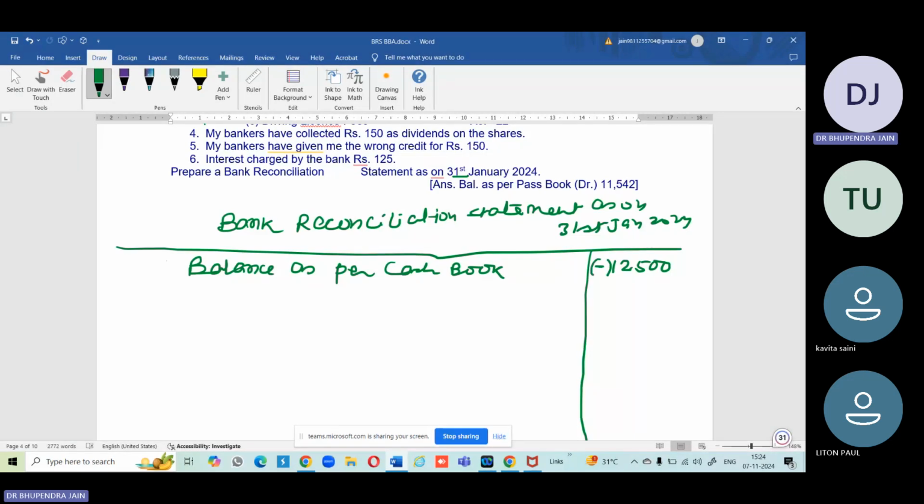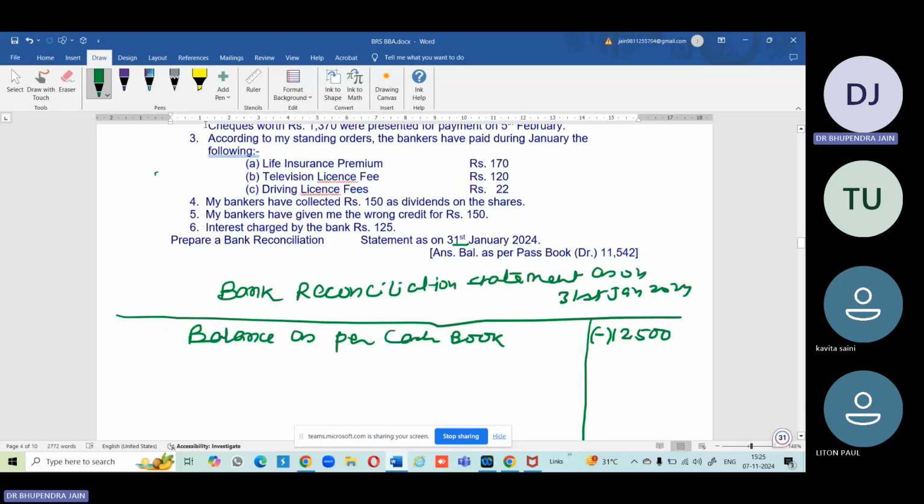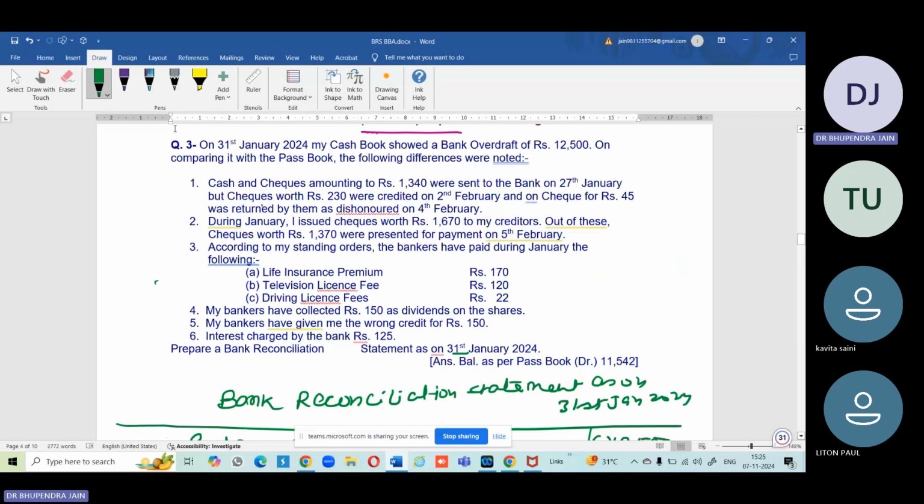So just put negative sign in the balance. All the rules and regulations are same. If the debit balance is given, no need to mention any sign, because no sign means positive balance. If negative sign is given, that means the negative balance. Now read one by one all the statements, find out the causes, then apply the rule.